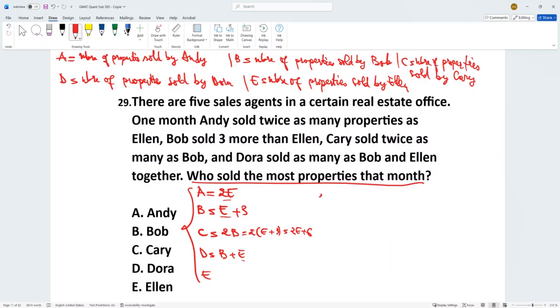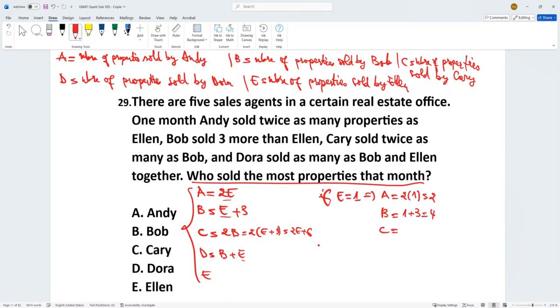So let's just suppose that Ellen sold only 1 property that month. What will be the value of the rest? So if E is equal to that, then A is going to be equal to 2 times 1, which is 2. B is going to be 1 plus 3, that is 4.